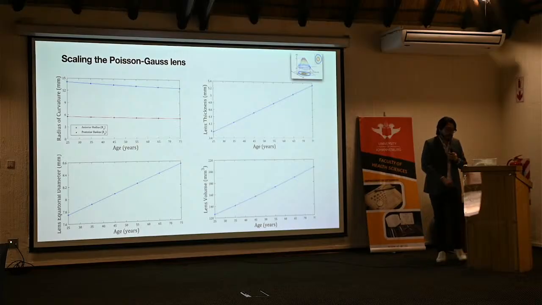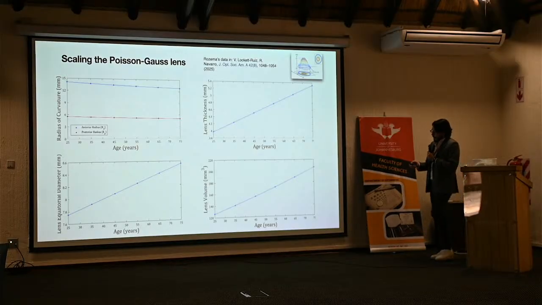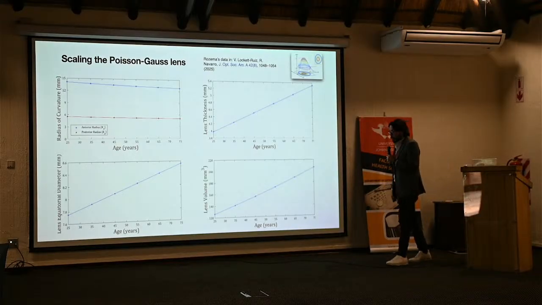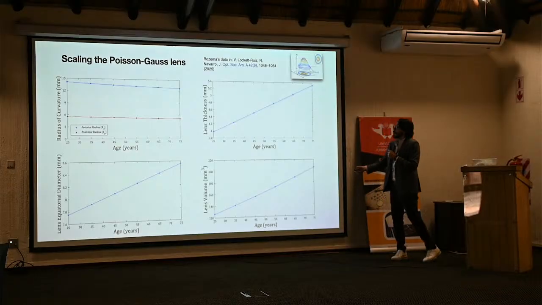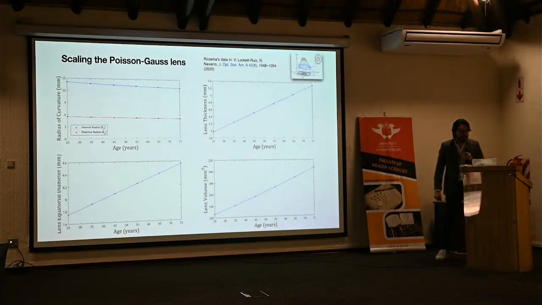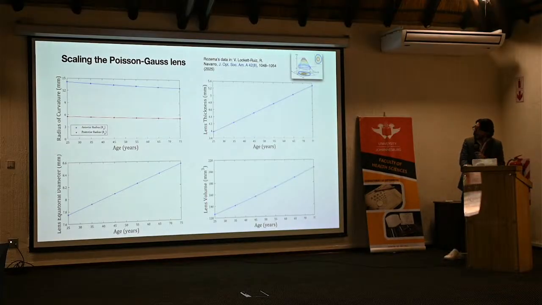But as can be noted in this very recent Avaros paper, which uses Rosema's data about the perpetual eye model, in this data, we can see that not only the anterior, but the posterior radius of curvature decreases too. So here we have qualitatively acceptable biometric changes in the Poisson-Gauss lens only by taking this scale.